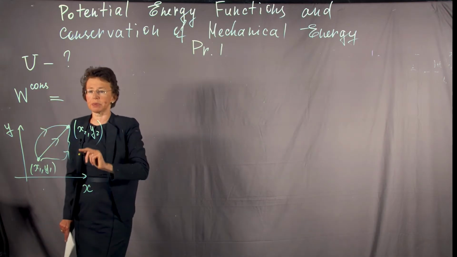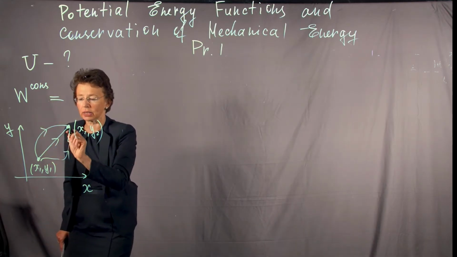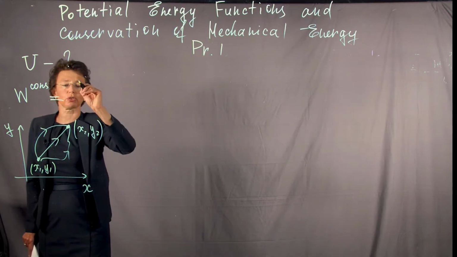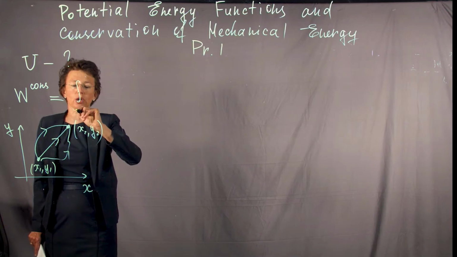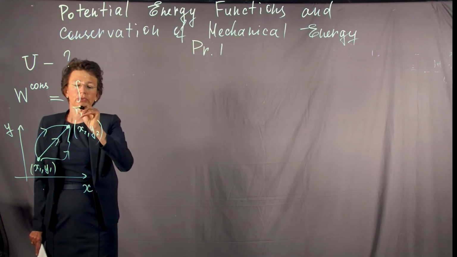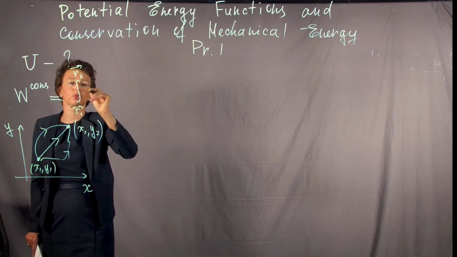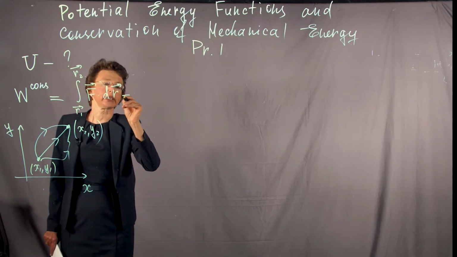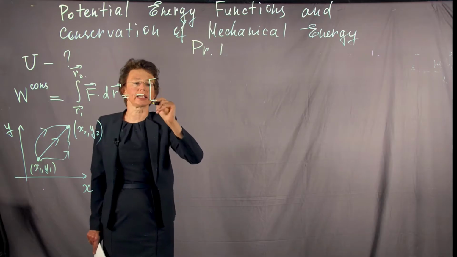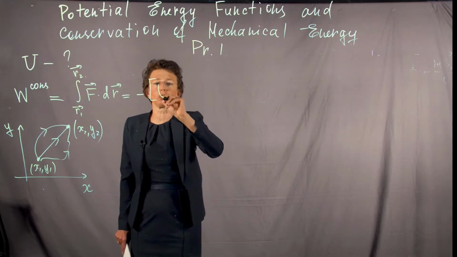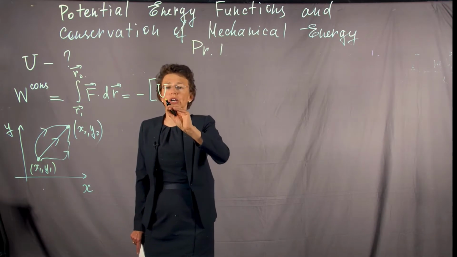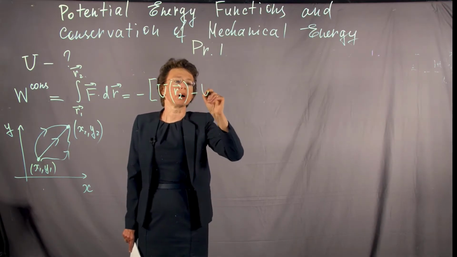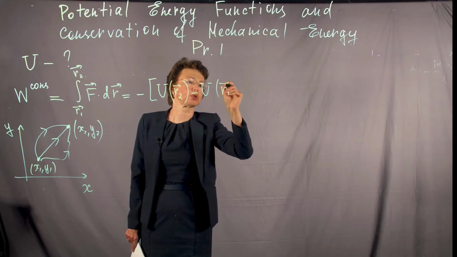Work does not depend on dr along which I will be moving. Work done by conservative force is integral from r1 to r2 of F dot dr, and it is equal to minus some function that we call potential energy function at the final point, minus U at the initial point.